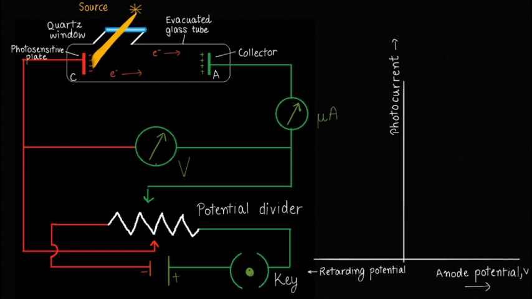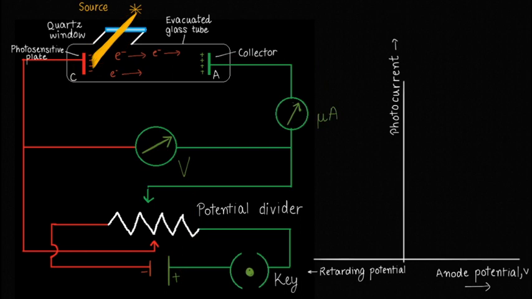Now suppose you have an intensity falling on this cathode, the photoelectrons are generated and the photocurrent is detected. Now let us suppose we increase the applied voltage, keeping the frequency of the incident radiation constant.